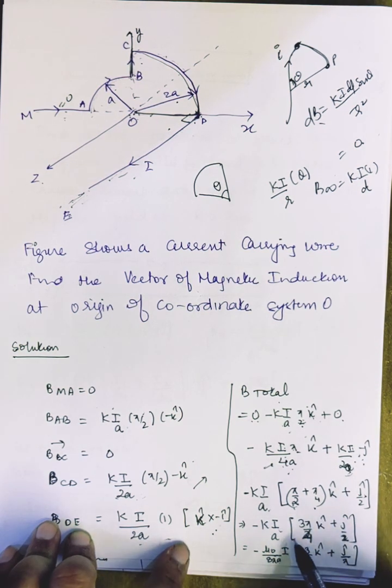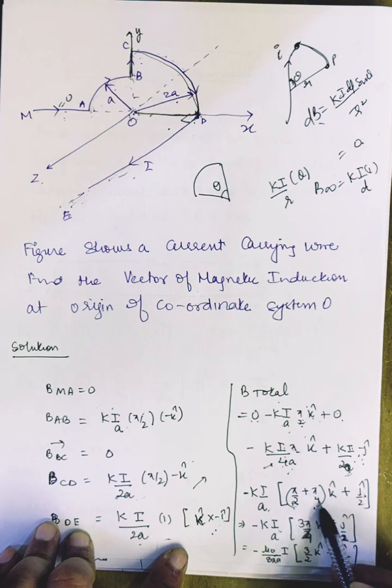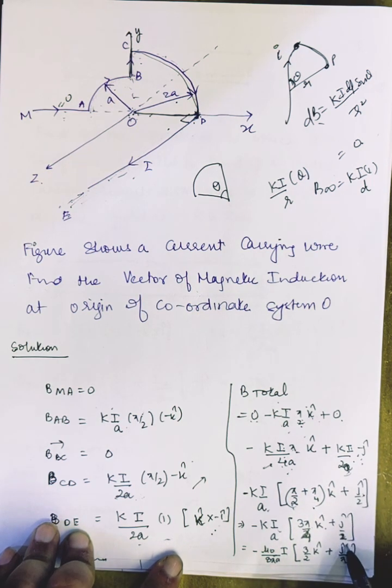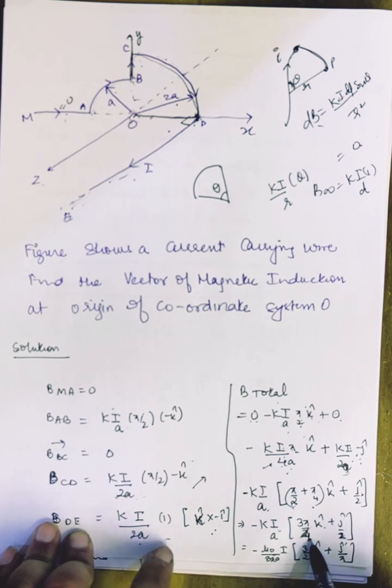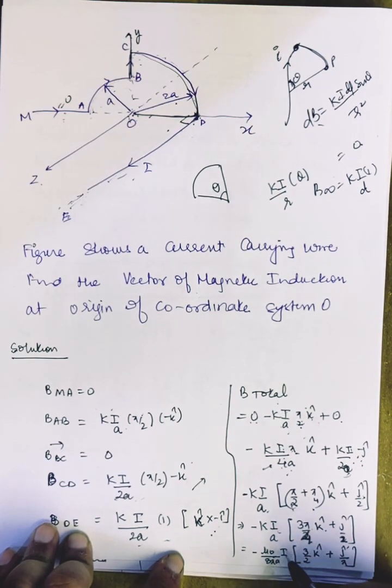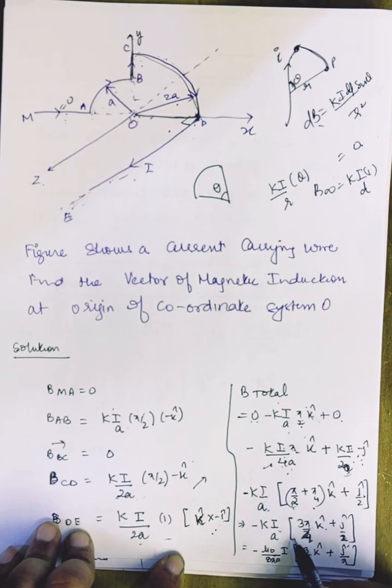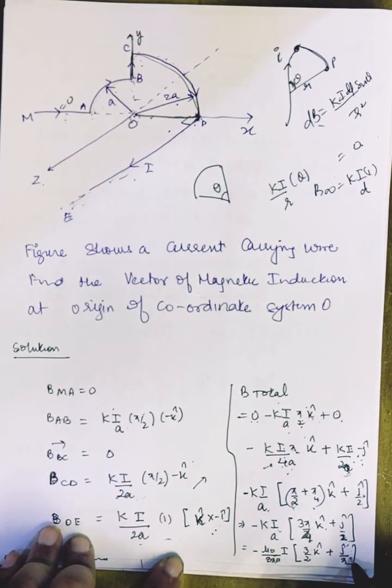I've taken the LCM, so I'll get 3 pi by 4 K cap and J by 2. Then I'm taking pi by 4 outside, the 4 2s are 8, I've taken pi also, and we got 3 by 2 K plus J upon pi.